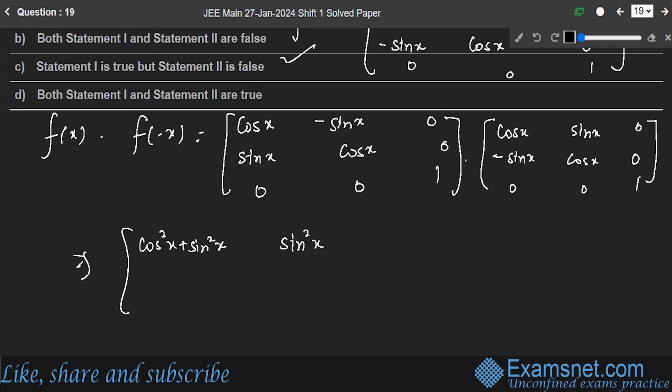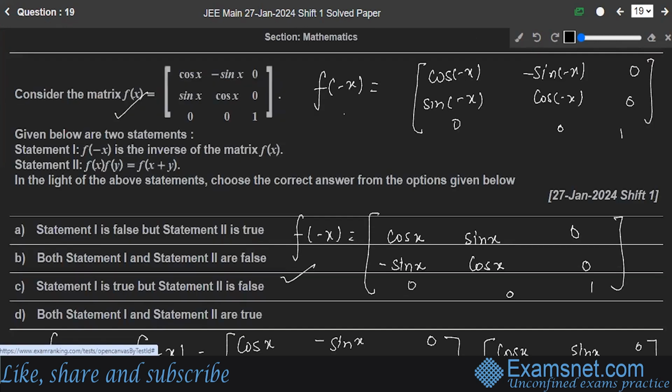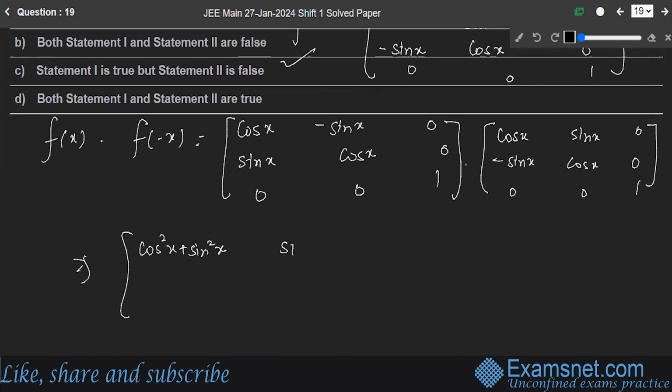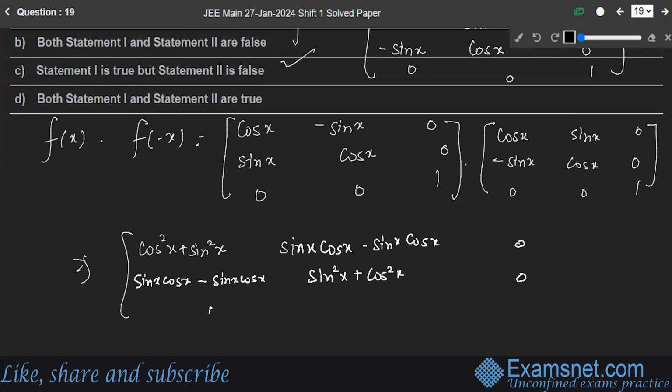First row, second column: you have sin x cos x minus sin x cos x, which is 0. Now second row, first column, sin x cos x minus sin x cos x, 0. Again here you will have sine square x plus cos square x, then 0, 0, 0, 1.